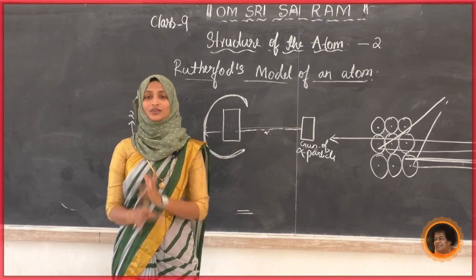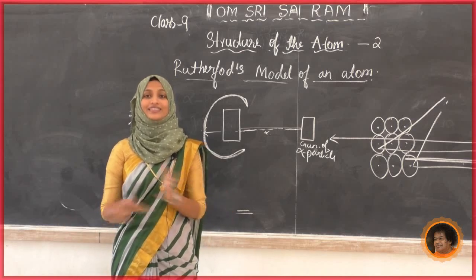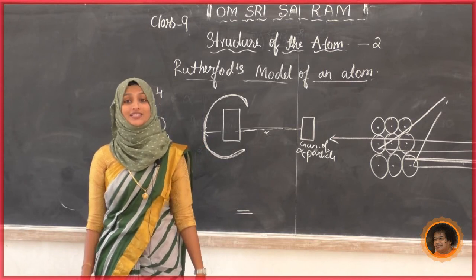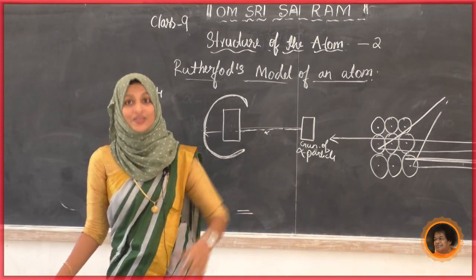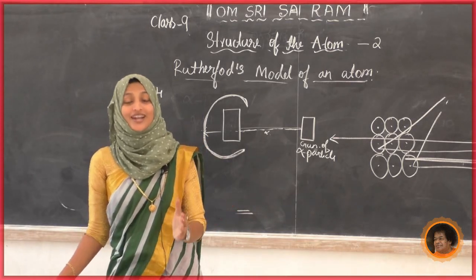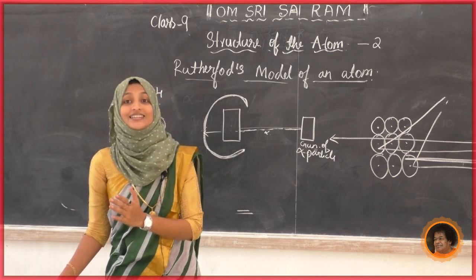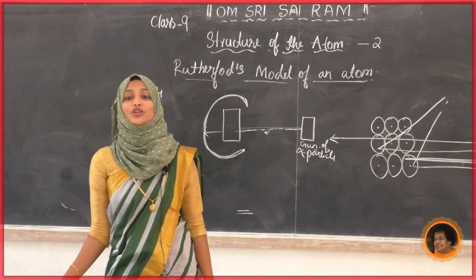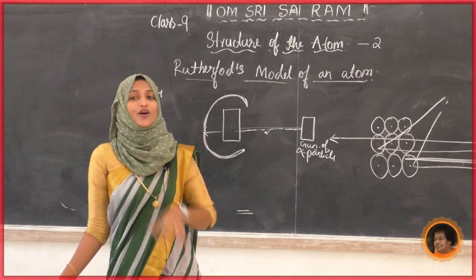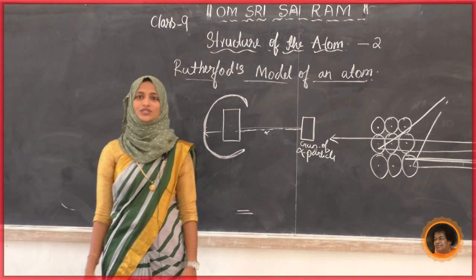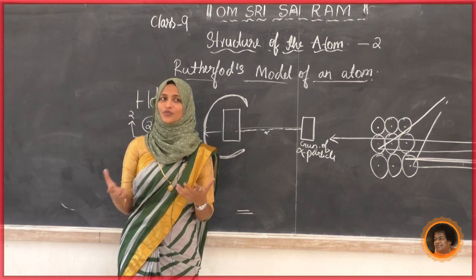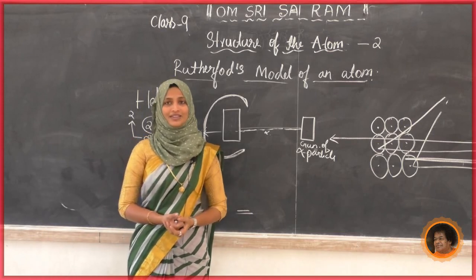Till now, no scientists had the idea of the presence of a nucleus in an atom, but the great scientist Rutherford's model says that there is a nucleus at the center of an atom. Okay, so he put forward the nuclear model of an atom.